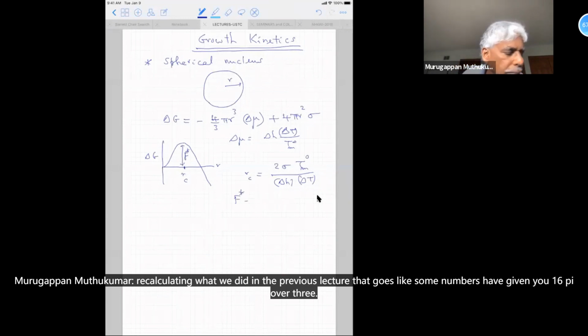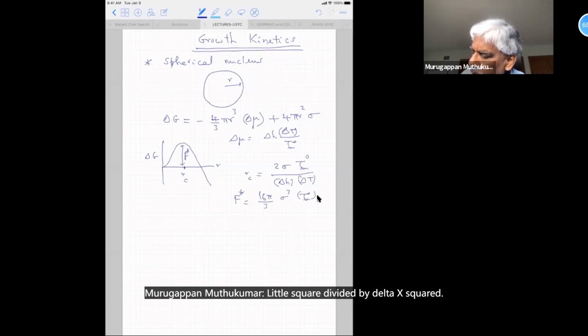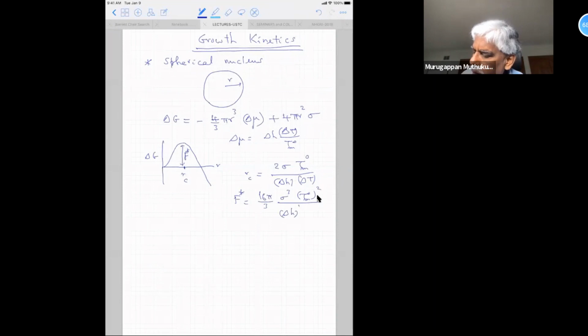And that goes like some numbers I have given you, 16 pi over 3 sigma cubed Tm0 squared divided by delta H squared and delta T squared.